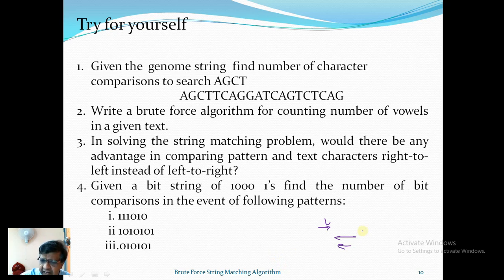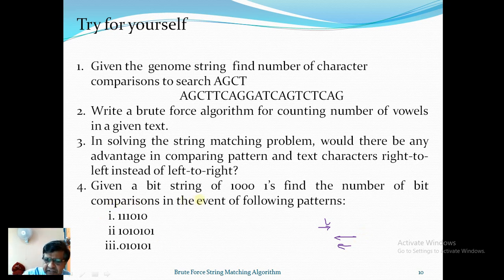This comes under trading off space against time, that is the algorithm design strategy. There we will revisit this brute force string matching algorithm and other intelligent algorithms.